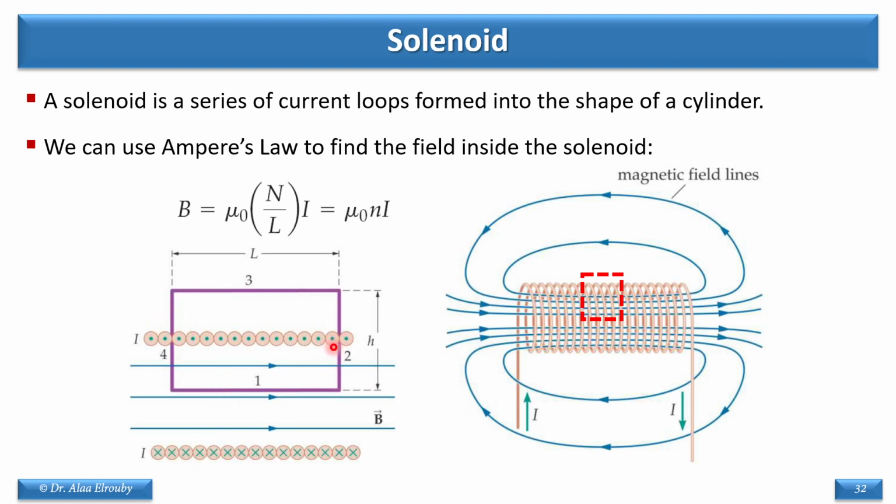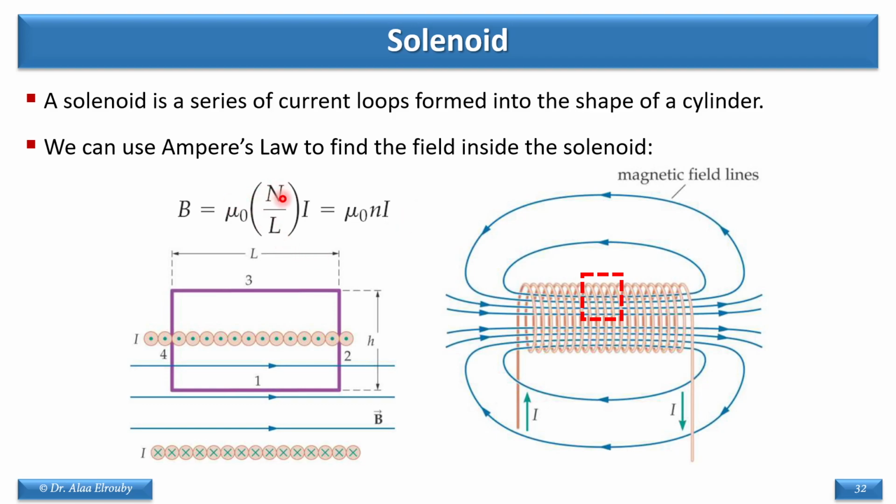What is the current enclosed by this loop? It's equal to this current I multiplied by the number of turns in this rectangle, which is N, the total number, divided by L, which is the density. If we multiply this number of turns with current I, it will give us the amount.